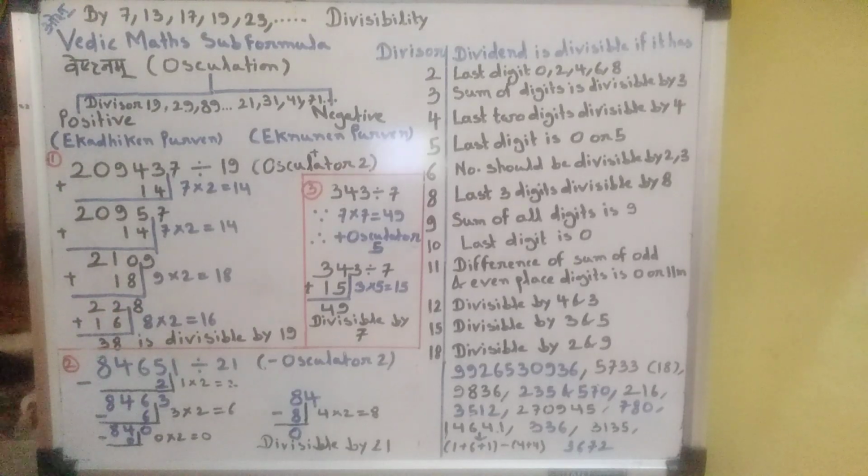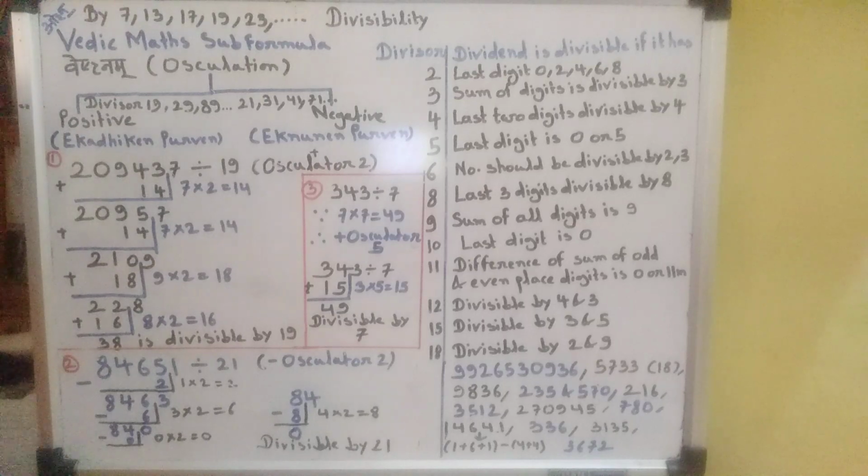Eventually we arrive at 38. Here by mere observation we can say that 38 is divisible by 19, as 19 twos are 38. So the whole number 209347 is also divisible by 19.